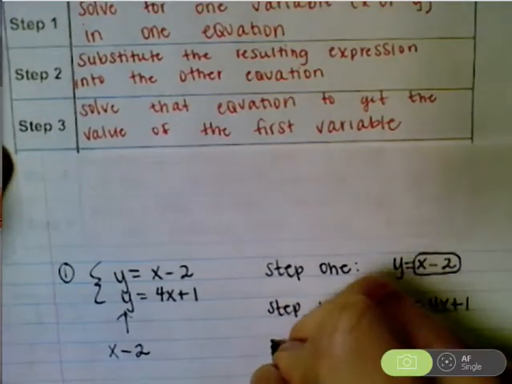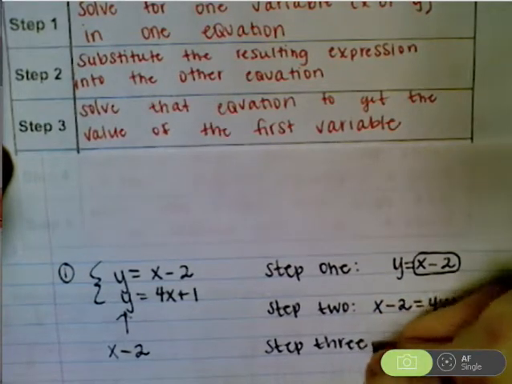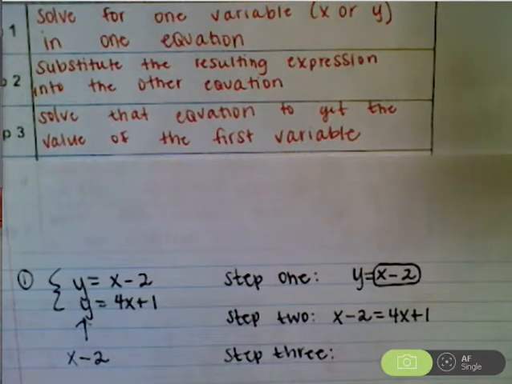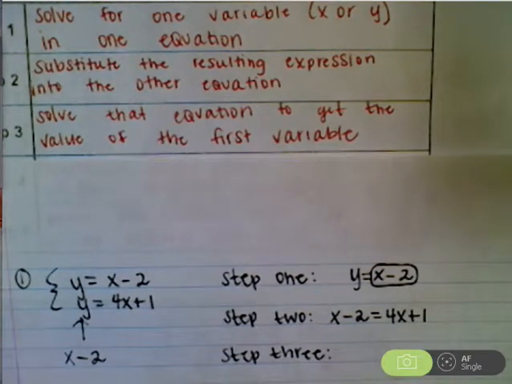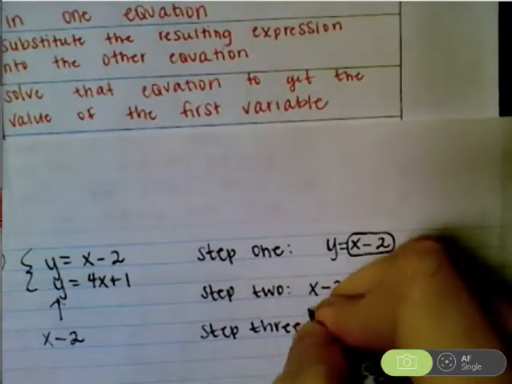Okay, step 3 says solve that equation to get the value of the first variable. So now that I have an equation with only x values, I can easily solve for the value of x. What would I do first in this equation to solve for the value of x? We could subtract x from the left to the right.